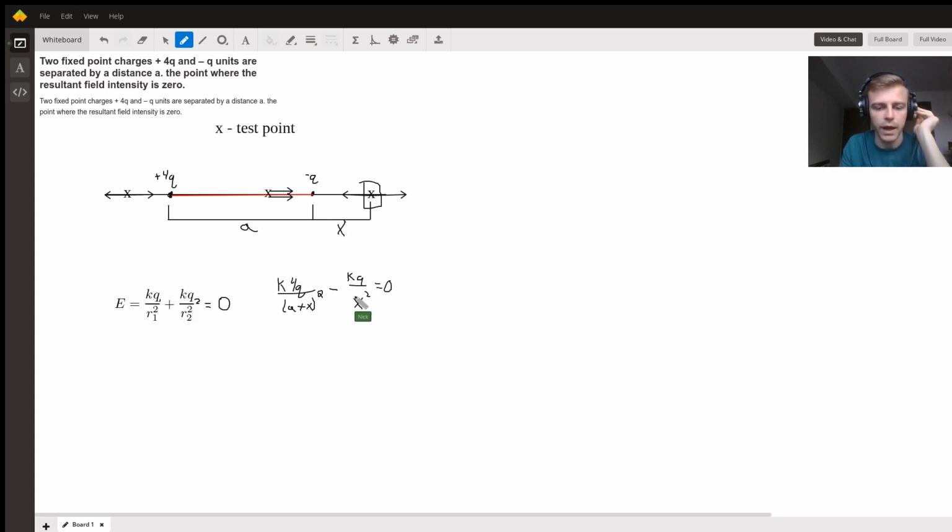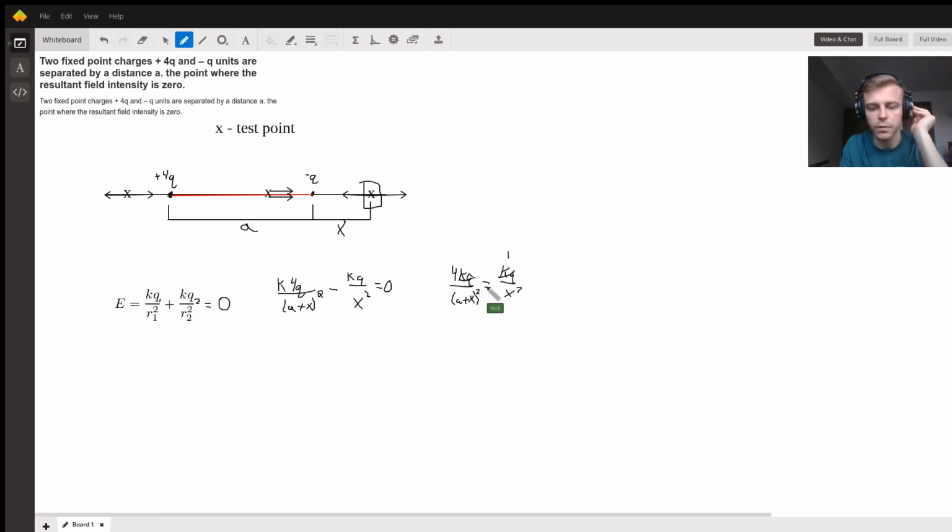Now what we're going to do is add this over. So then we get 4KQ over (A plus X) squared equals KQ over X squared. And notice that the K and the Q can cancel. And I'm going to cross multiply all in one step here. So the KQs are gone. This is essentially a 1. That's essentially a 4.